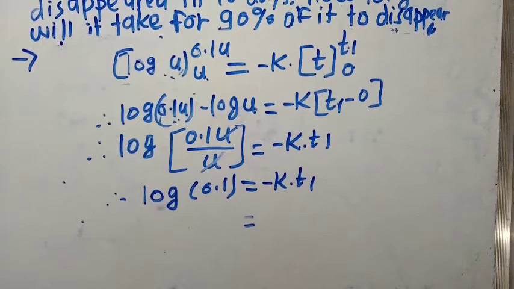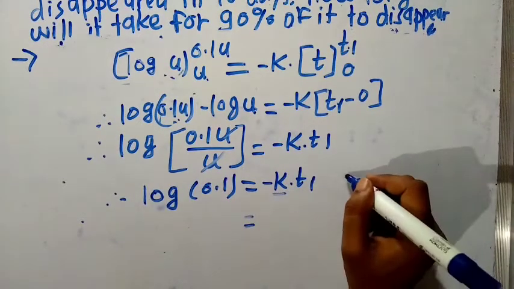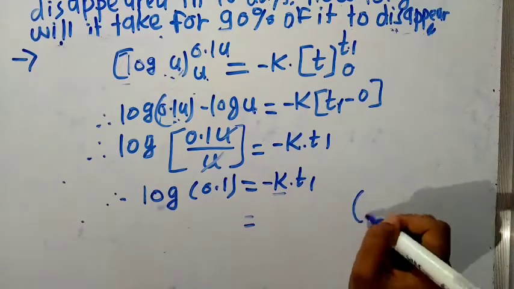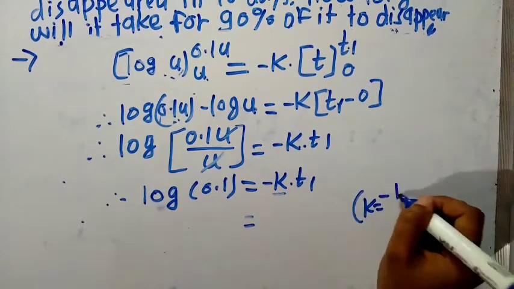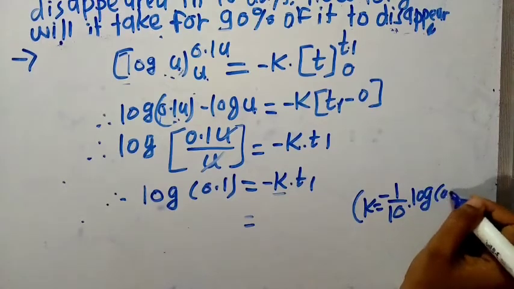But we found the value of k in equation 2: k is equal to minus 1 by 10 into log 0.7.